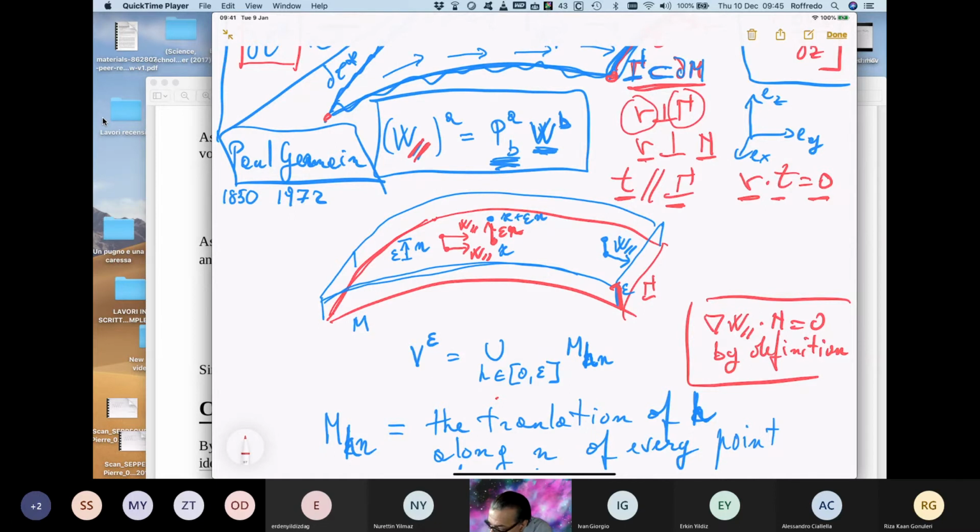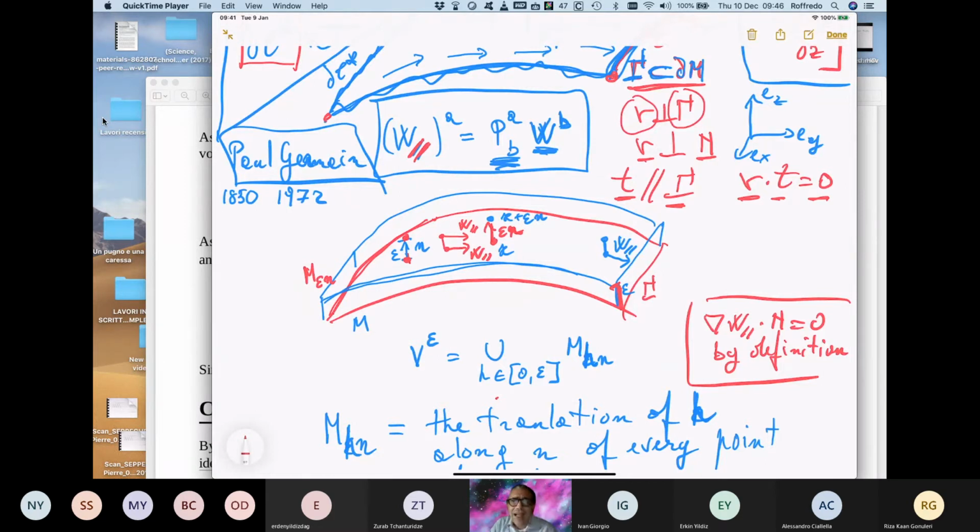I move, look here, epsilon, the point which is on the surface M. I move this point along the normal n and I place it at a distance epsilon. In this way, I am building the surface M epsilon n. Let's call it in this way. So I am translating along the normal every point of the surface M. Okay?